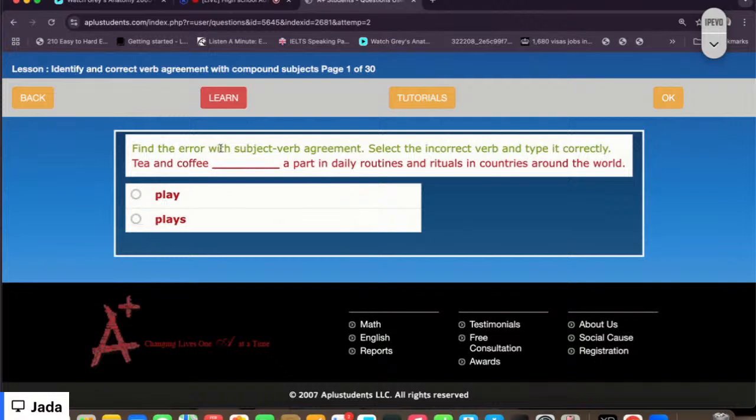Alright, so you have to find the error with the subject-verb agreement, select the incorrect verb, and type it correctly. So tea and coffee, dash, a part in daily routines and rituals in countries around the world. What do you think is the right verb to be here?